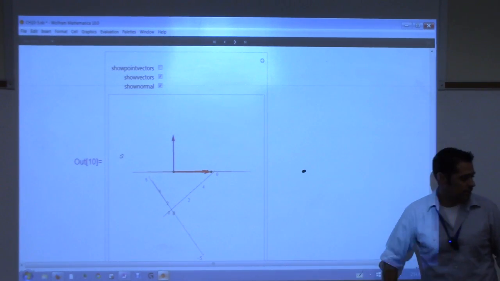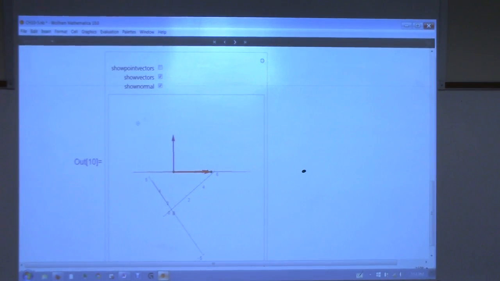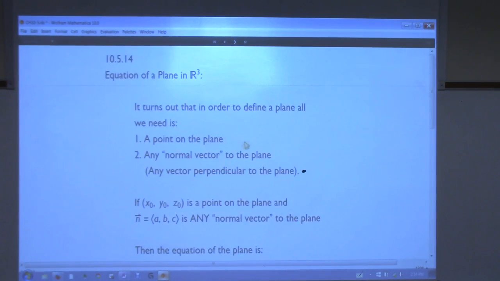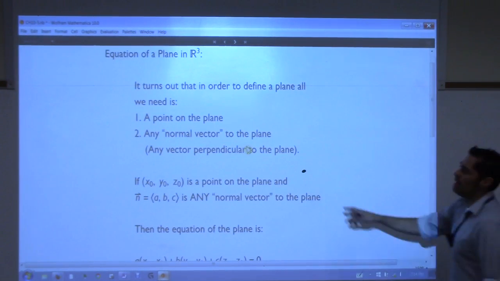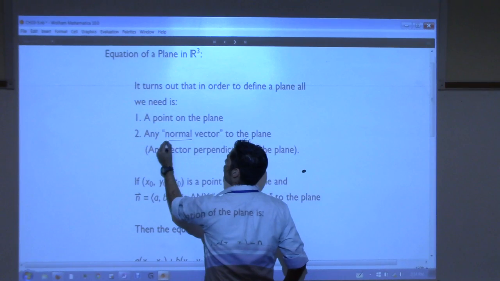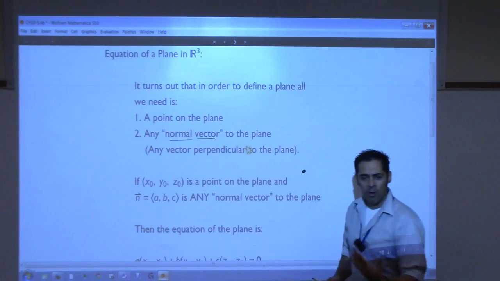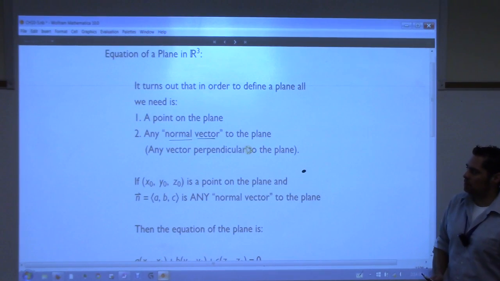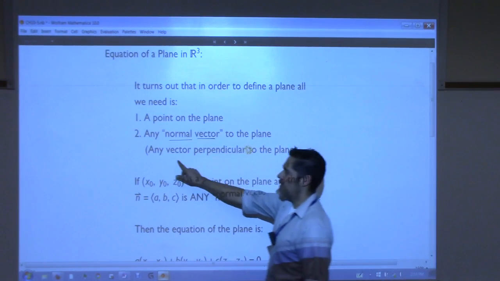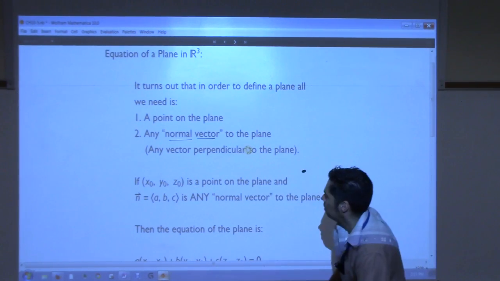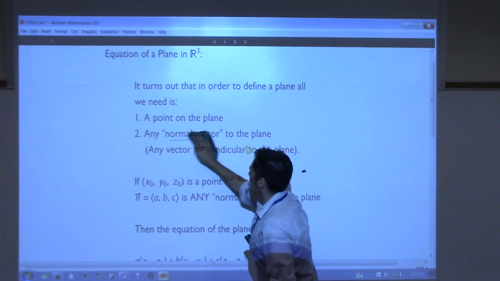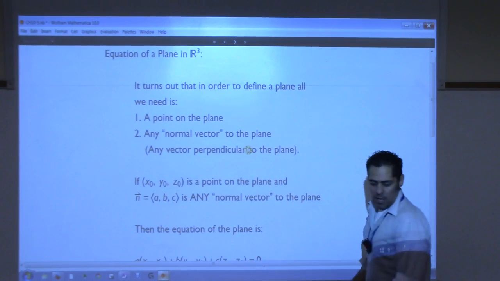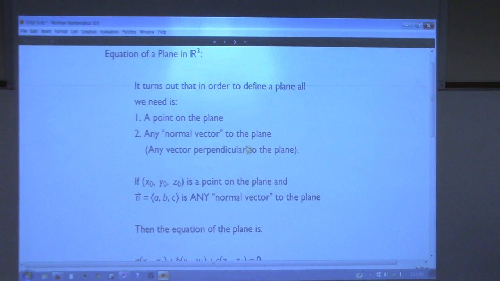That's all you need to define a plane, a point on the plane and any what we call normal vector. A normal vector is any vector that is perpendicular to the plane. Any vector. Any, does not matter. And here is the formula for coming up with the equation of the plane.